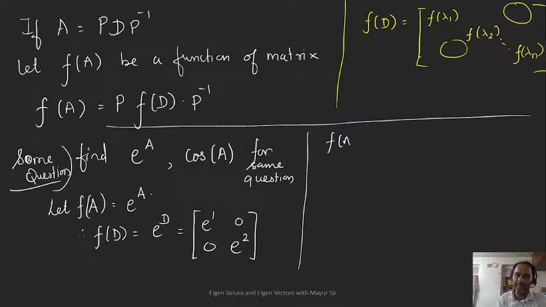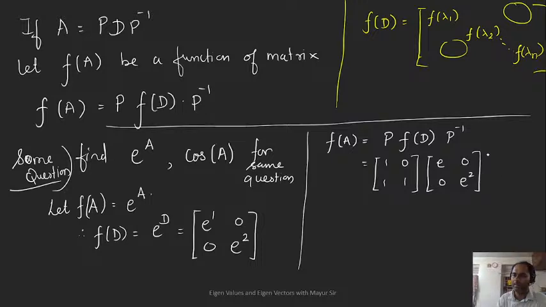So f of A is P f of D P inverse. So P is [1 1; 0 1] and f of D is [e 0; 0 e square] and P inverse is [1 -1; 0 1].